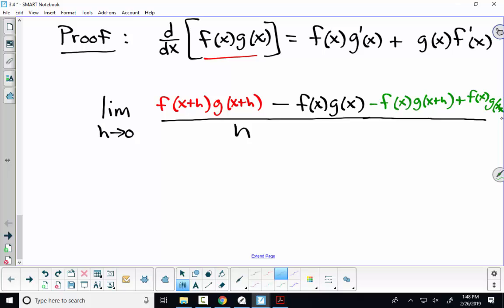Sorry, I ran out of room. g times x plus h. So if we add and subtract that quantity in, group terms together, factor out, the product rule does emerge. But we're not proving that. Just FYI.